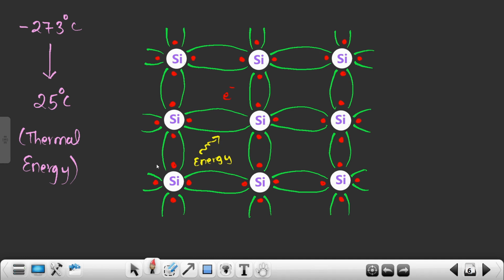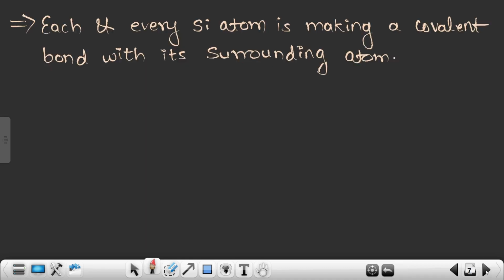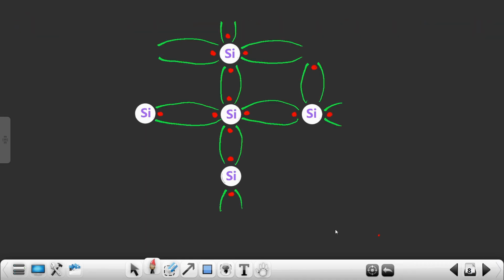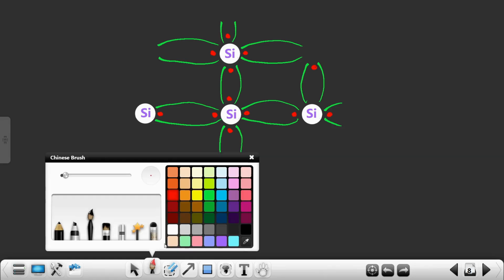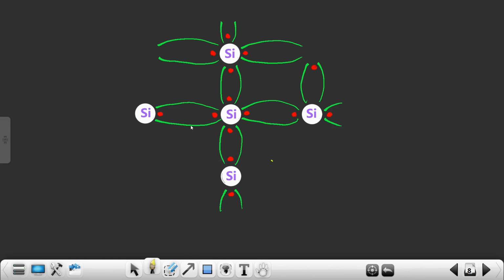As soon as we are increasing the surrounding temperature, whatever electrons were present in the covalent bond will break that bond and come out of it. Long story short, this is what will happen. Let me just show it to you. This is what we saw at absolute zero temperature, but as soon as the temperature is increased, maybe this particular bond I will take this time.